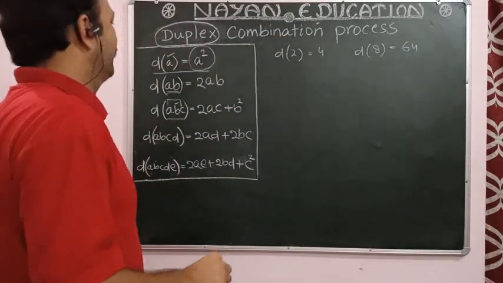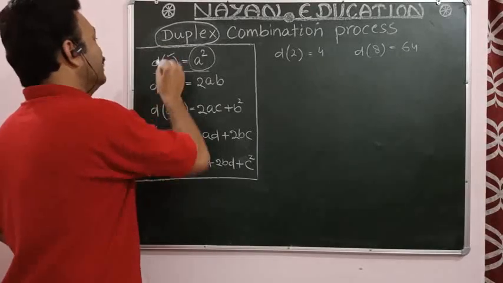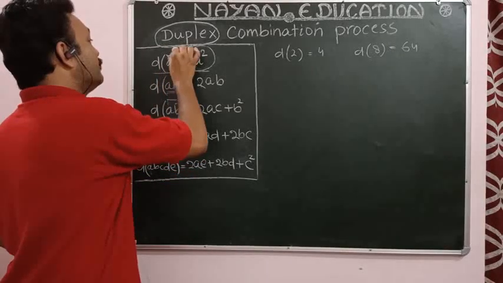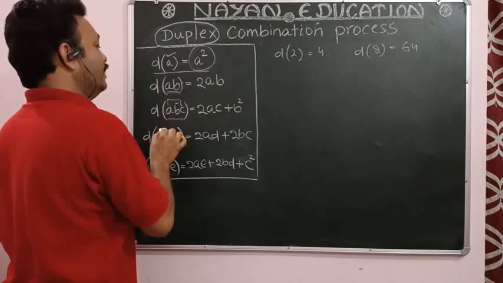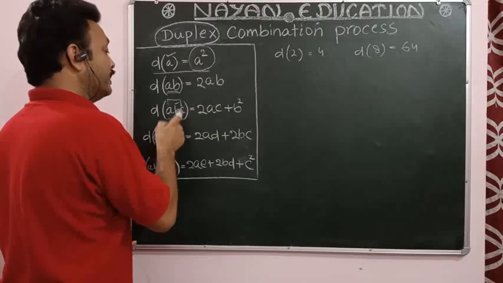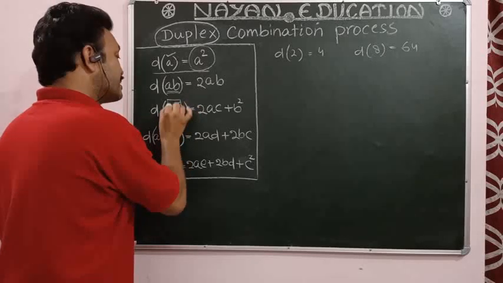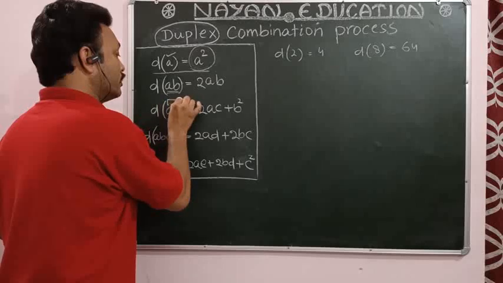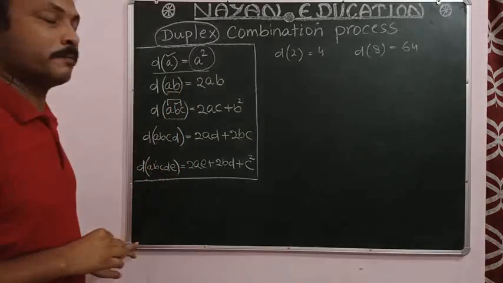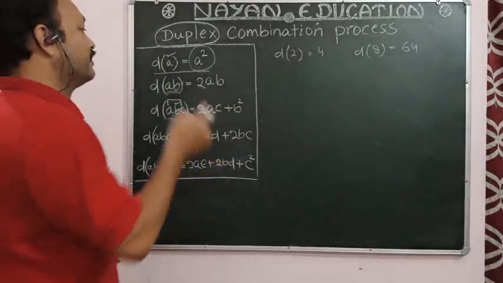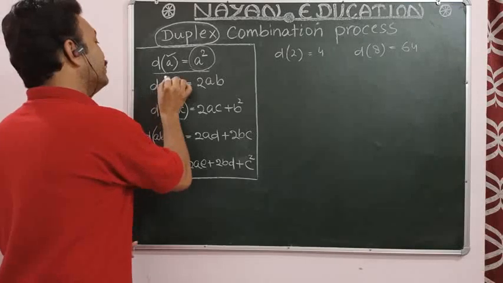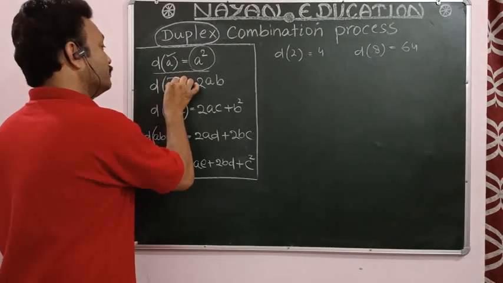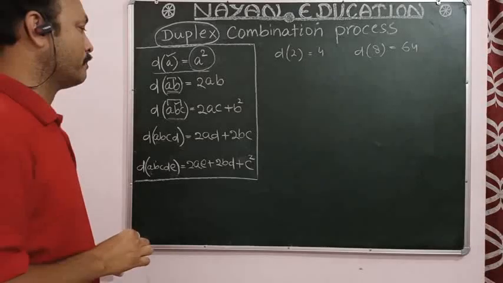Alright? Now you can see the duplex of a single digit number is a square, whereas the duplex of a three digit number is b square plus 2 into the product of the terminal terms. In the case of a double digit number, twice the product of both the terms is the duplex of that number.